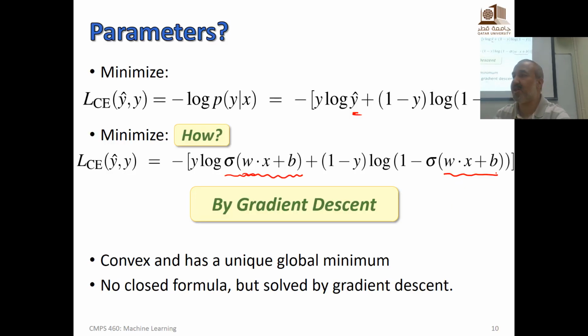Any question about logistic regression? Good question. Is perceptron different from logistic regression? Of course they are different. These are completely different classifiers.